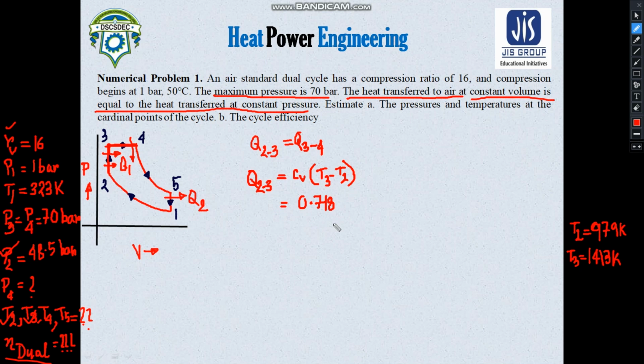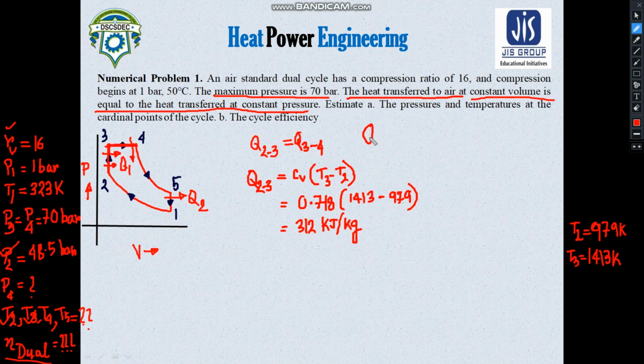Now you know T3 is 1413 and T2 is 979 Kelvin. So ultimately you will find that it becomes 312 kilojoule per kg. Since the mass is not given, we are calculating the heat transfers per unit mass.